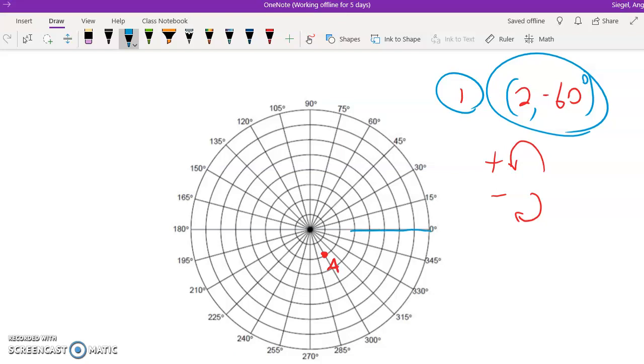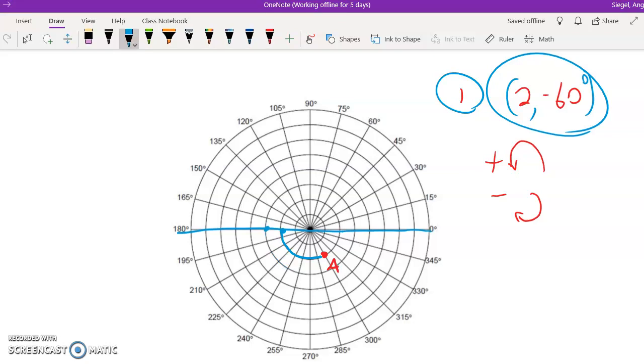So if we just went +2 this way, what if we went -2? So we're over here. So this is our 0 and we're going this direction. So this direction here. So that is going to be a positive angle. So let's see.